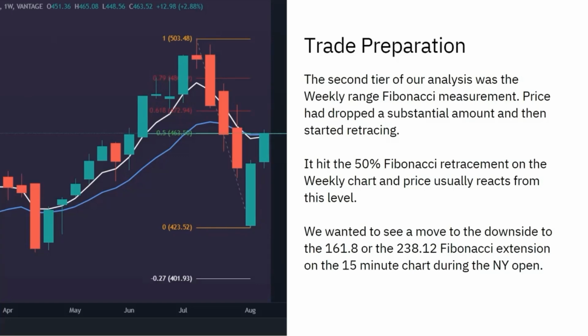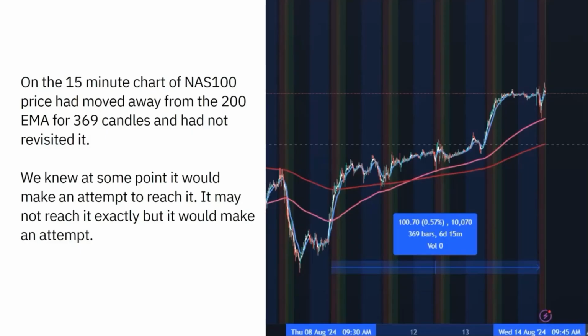Here we see a weekly chart of the QQQ, and we see how this range that was created had a retracement into the 50% level. And here we have the 15-minute chart, where we see the last time price touched the 200 moving average, which is magenta, is all the way back here.